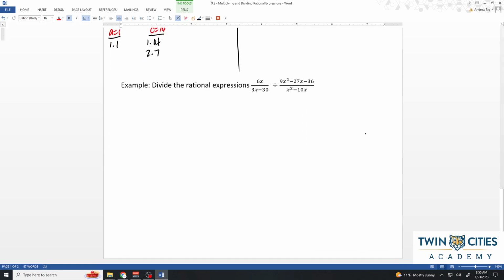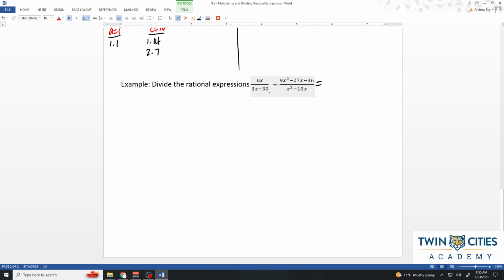Okay, last one. Divide 6x over 3x minus 30 by 9x squared minus 27x minus 36 over x squared minus 10x. Now remember, doing this with actual division here might be really complicated, but I have a shortcut.